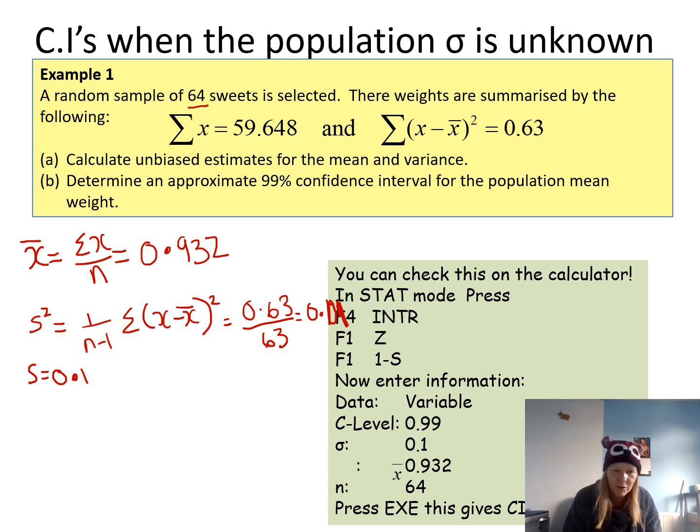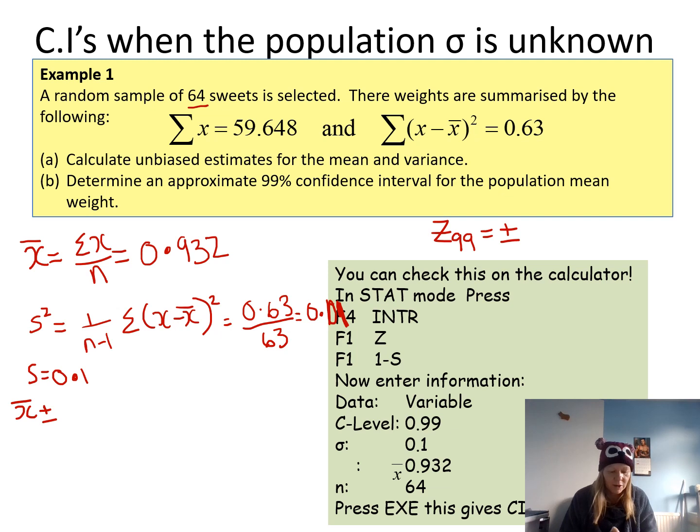Okay, now we have to put it in that formula. X bar, so you'd write that number plus or minus, so we're after a Z99. Z99 will equal plus or minus something. I've got now to find that. It's menu, statistics, distribution, normal, inverse.